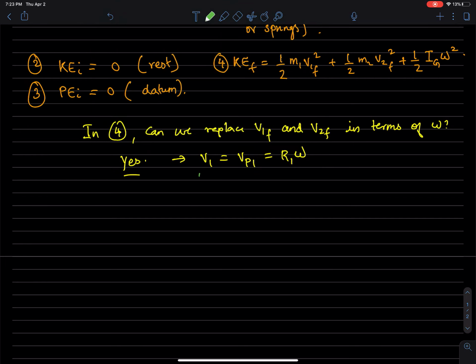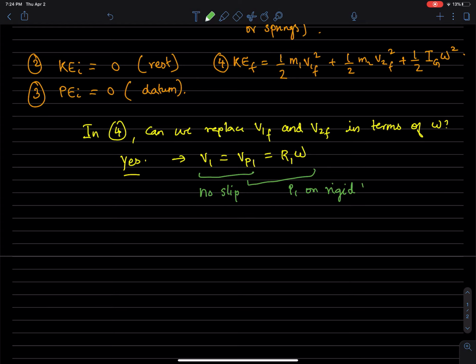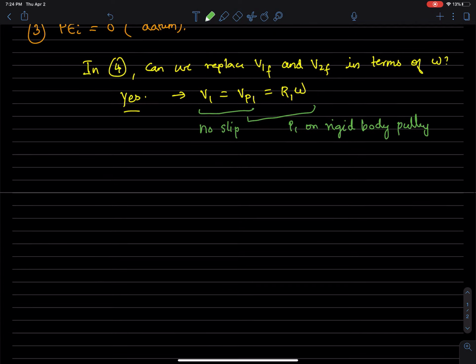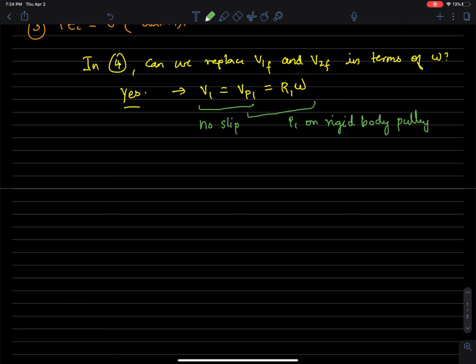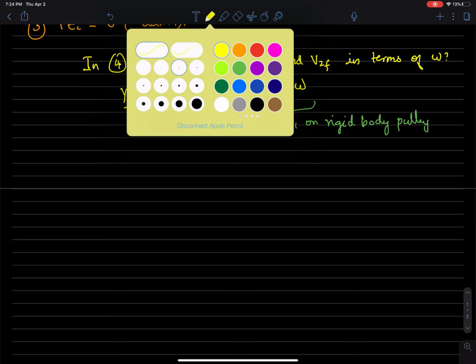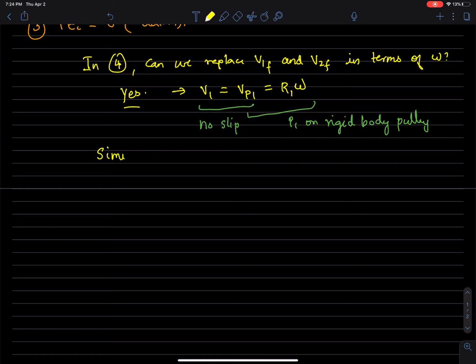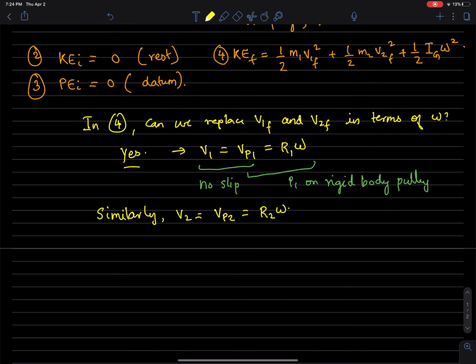Basically, we said this is because no slip, and this is because P1 is on a rigid body. Similarly, we can replace V2 in terms of omega: V2 equals VP2 equals R2 omega. So let's call this 5.